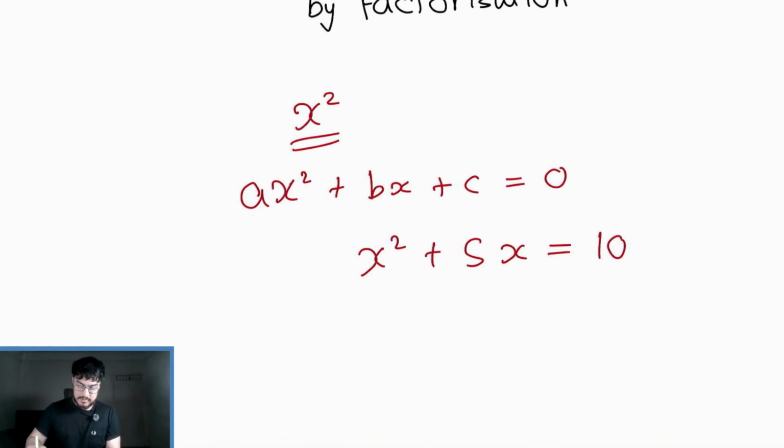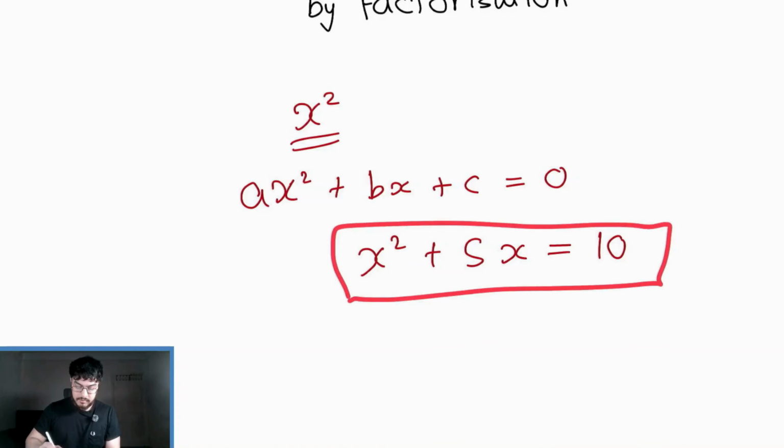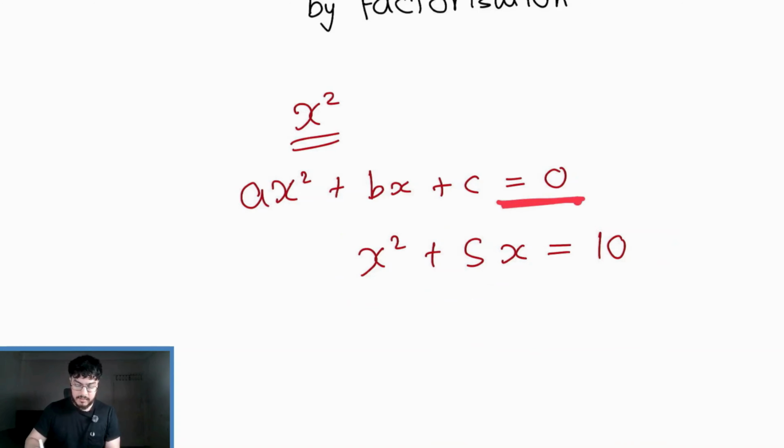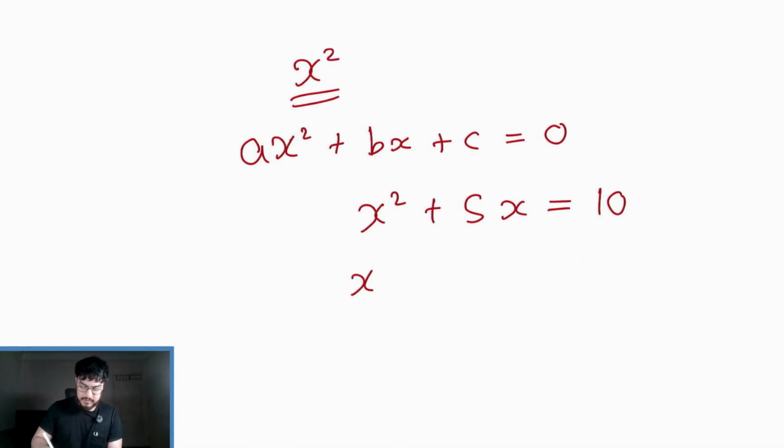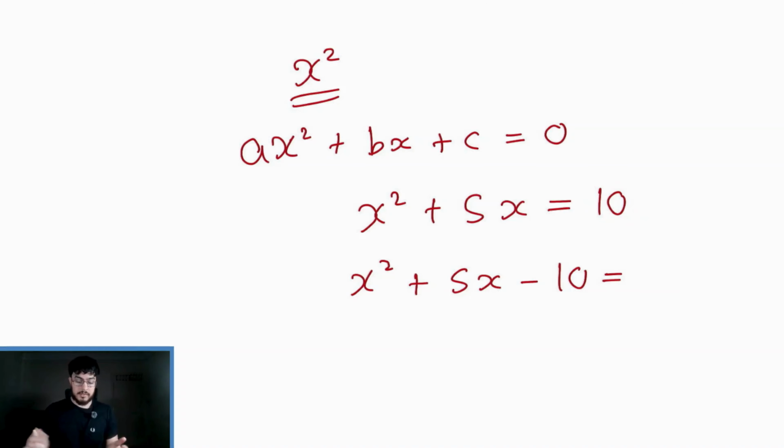And what that means is this is then going to be rearranged so that we have that equal 0 at the end. And the way we do that is we just take this 10 over to this side. So if we subtract 10 on both sides, we'll have x squared plus 5x and then minus 10 because we subtracted it on both sides. And then because on the right hand side we did 10 subtract 10, it's going to be equal to 0.